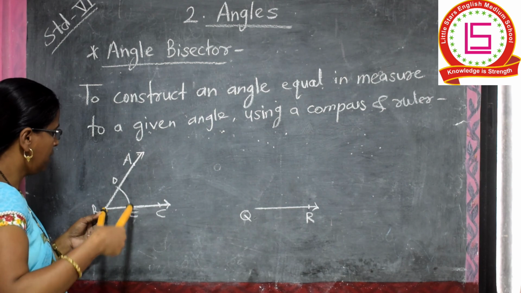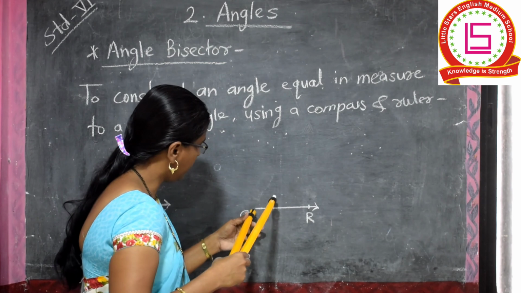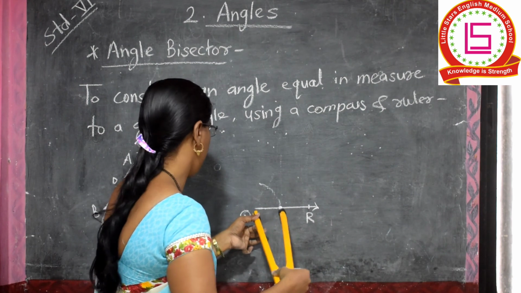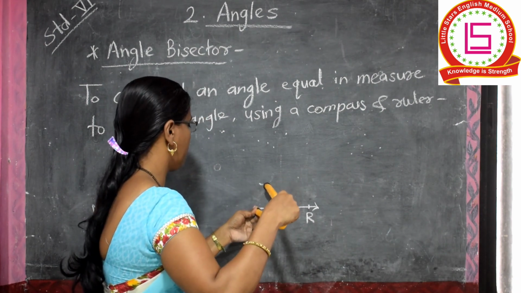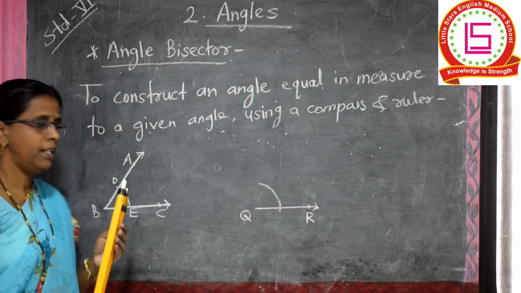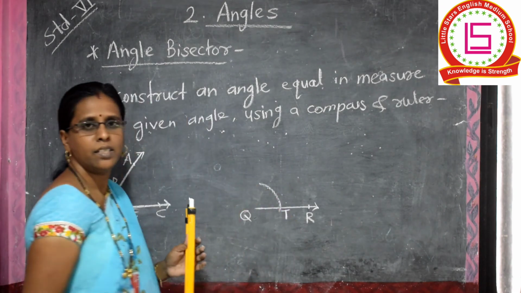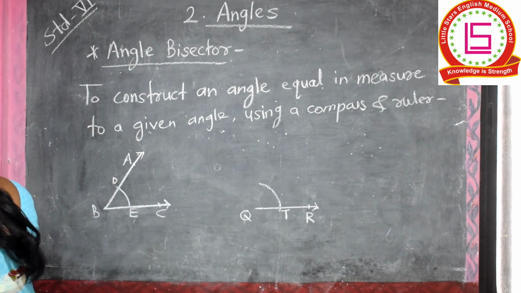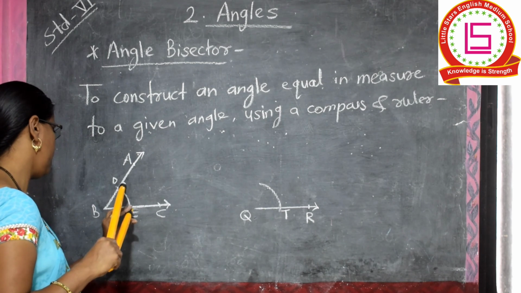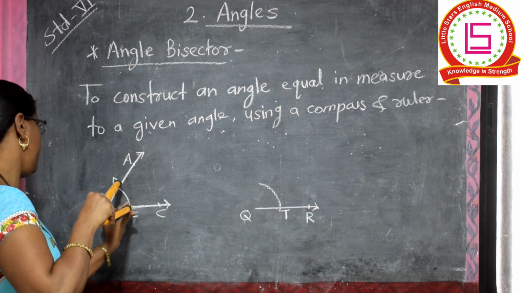See here, take the equal distance like this, and place it at point Q and draw an arc like DE. Draw an arc like DE first. Then we get a point of intersection T. Then see next, take the compass and place it at the point E, and measure the distance DE.